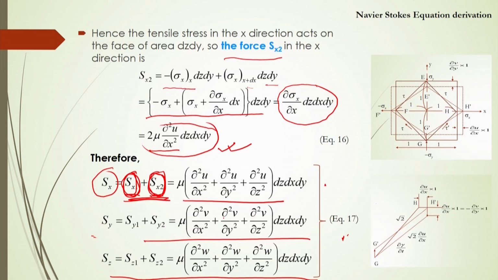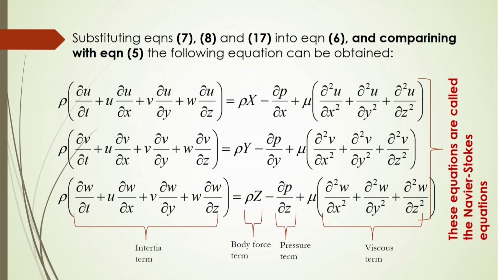Now, after substitution of the body force, the pressure force, and the force due to angular deformation, if we substitute all those components in equation number 1, then we can finally represent it by this equation: rho into dou u dou t plus u dou u dou x plus v dou u dou y plus w dou u dou z is equal to rho x minus dou p dou x plus mu into dou 2 u dou x square plus dou 2 u dou y square plus dou 2 u by dou z square.